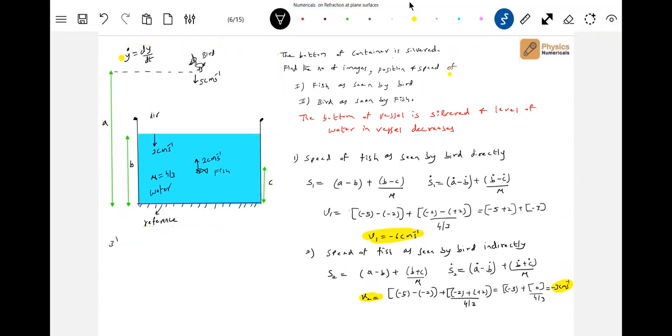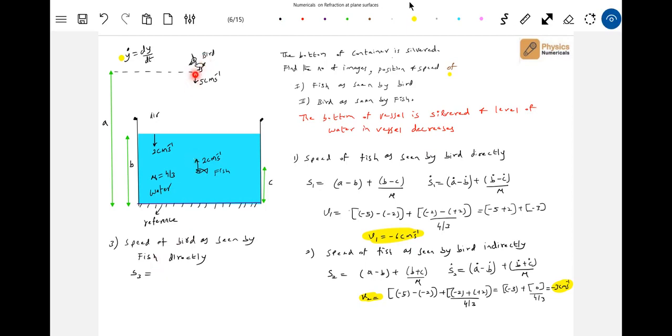Second, third one. Speed of bird as seen by fish. S3 is equal to speed of bird as seen by fish directly.